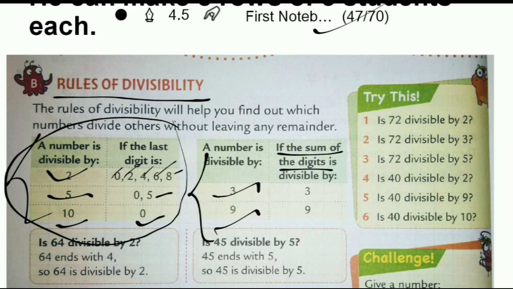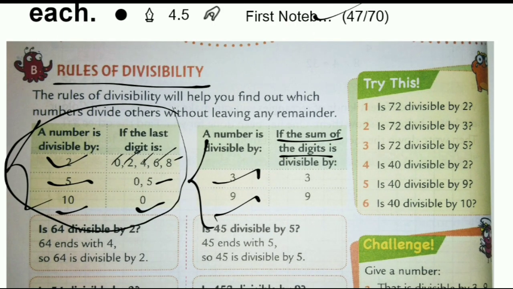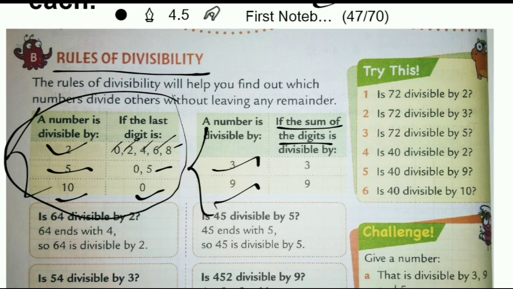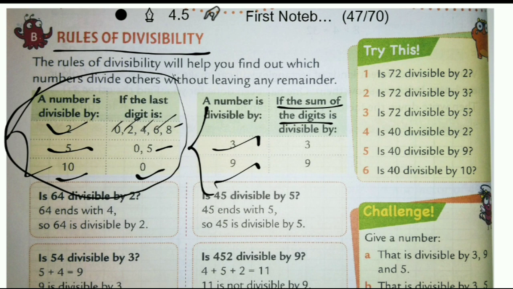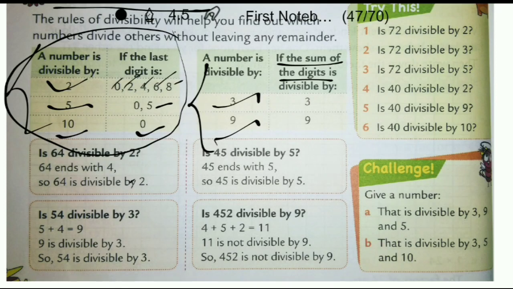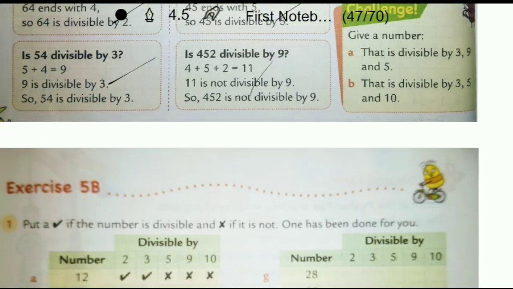Next example, 60. 60 means 6 plus 0 is 6. That 6 can go in 3 table, yes, but 6 cannot go in 9 table. So it is going only by 3 table. In this rule, a number is divisible by 3 if the sum of the digits may be 3, 6 or 9. But for 9, only 9 will come. So these are the examples given here. You can go through once.